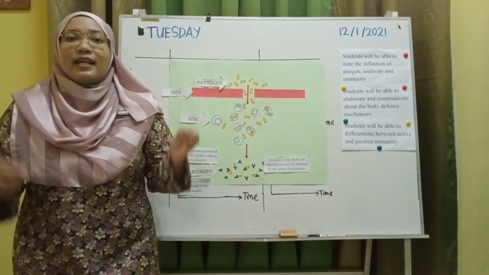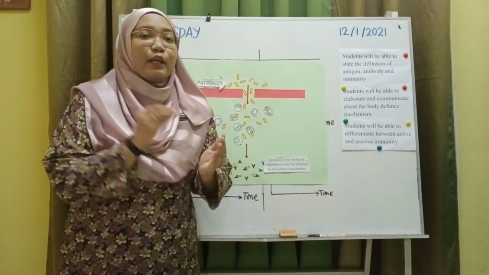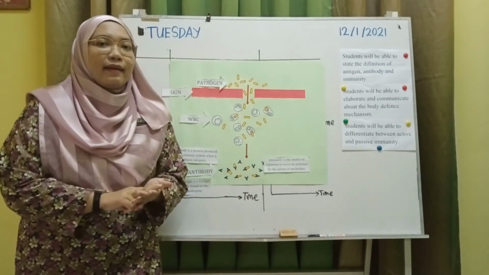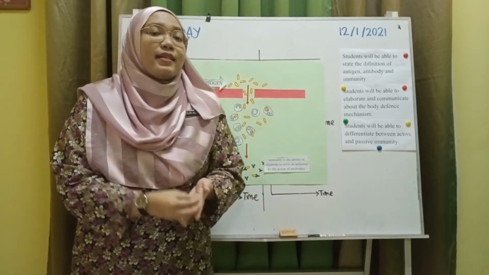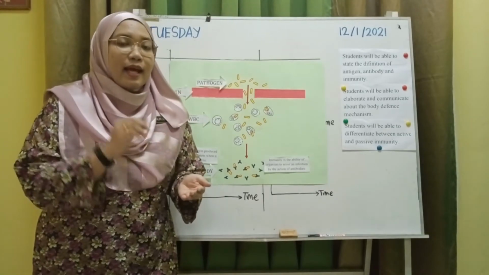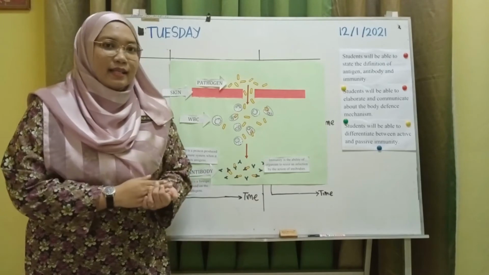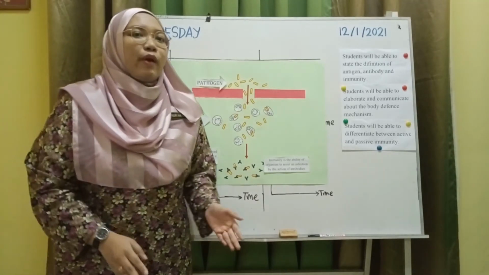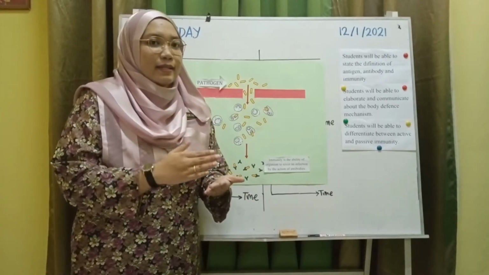Okay, a vaccine gives immunity because the vaccine itself contains the antigen from the weakened or dead pathogen. So, when this antigen is inside our body, our immune system can detect it and it will produce antibody to fight against it. But don't worry, it is not dangerous because it is already weakened or may be already dead.